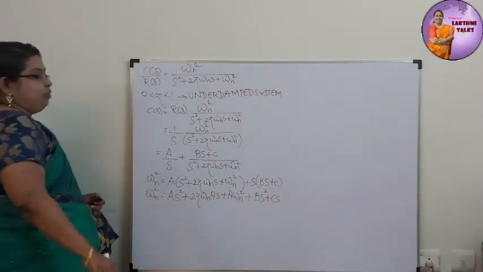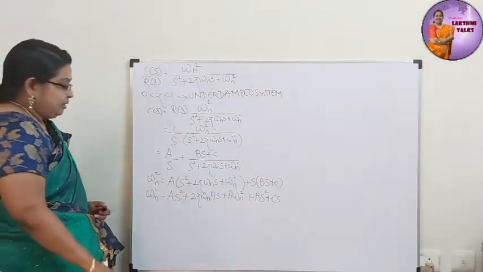Left hand side we have omega n square. This is after taking LCM.